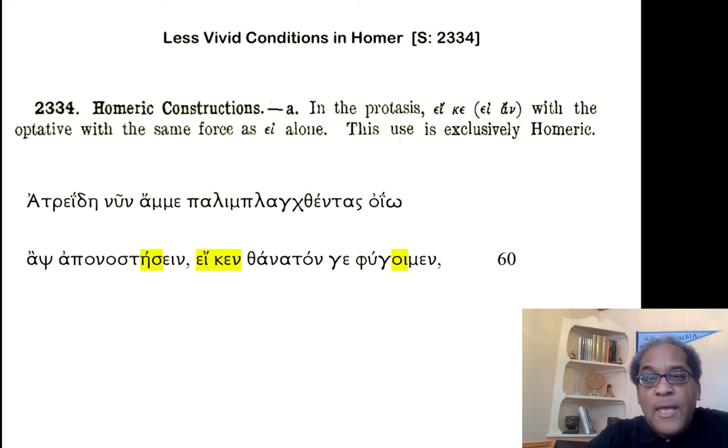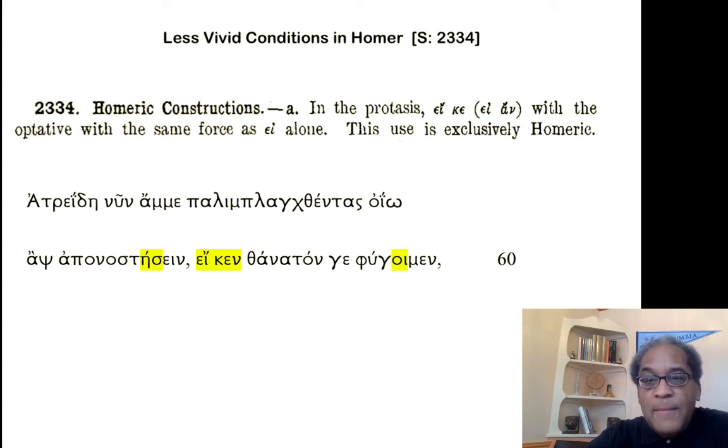So, this use of ei ken, where Attic would have just the optative alone, is exclusively Homeric. And it's exactly what we see in line 60 of Book 1 of the Iliad, where Achilles says, ei ken thanaton ge phugoimen, if death indeed we should escape or will escape.